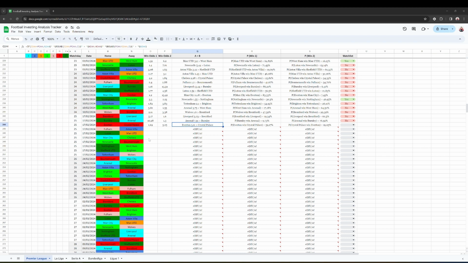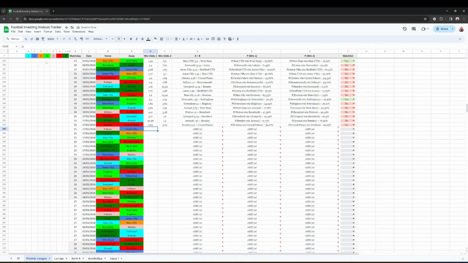How to say this? Both teams have a negative goal difference. Both teams are not performing that well. If you like, you may want to consider laying Everton, but I'm not going to do that in this case.